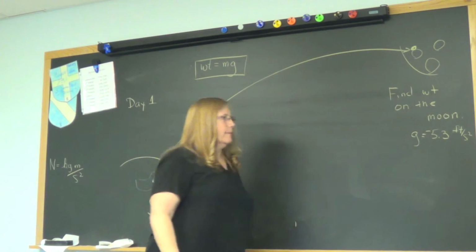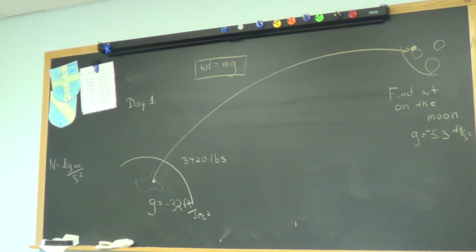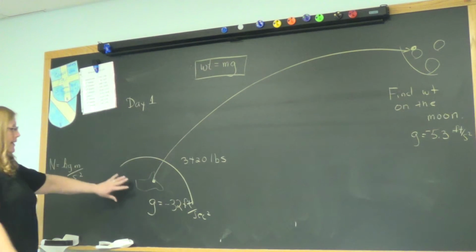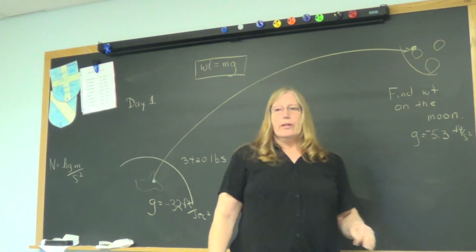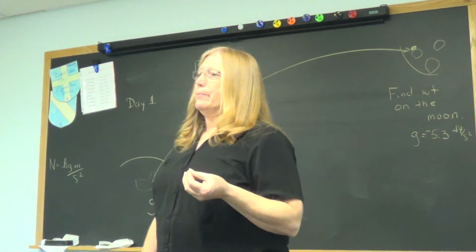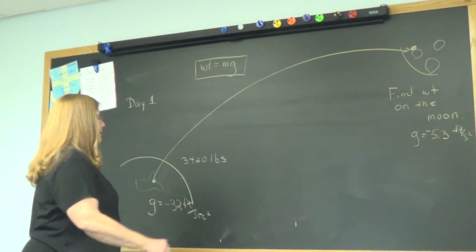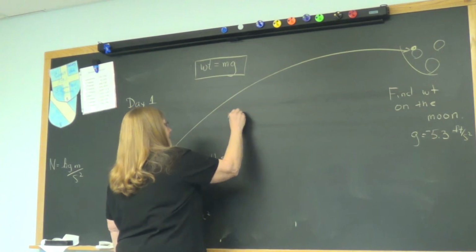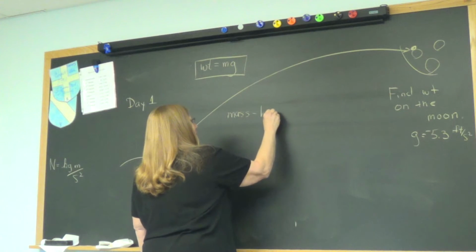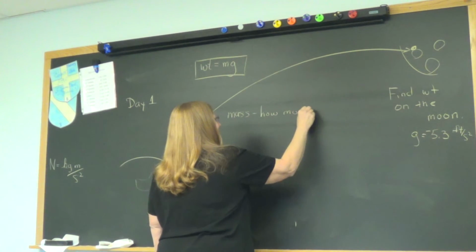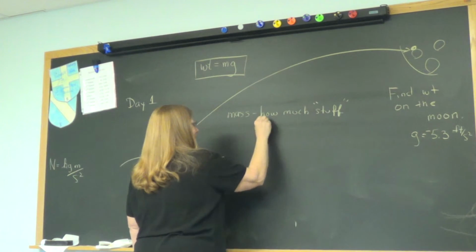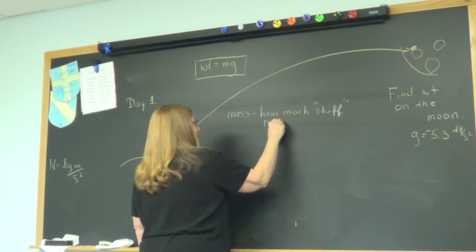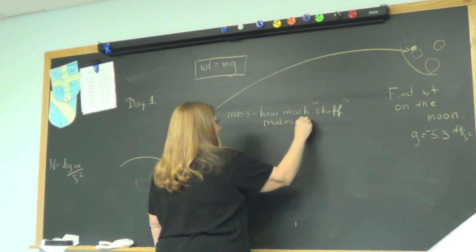Be consistent. All right, so in order to find the weight of an object, when you take it from one place to another where g, the gravitational constant, changes, mass is always the same. Mass is how much of something there is. How much stuff makes up the object?